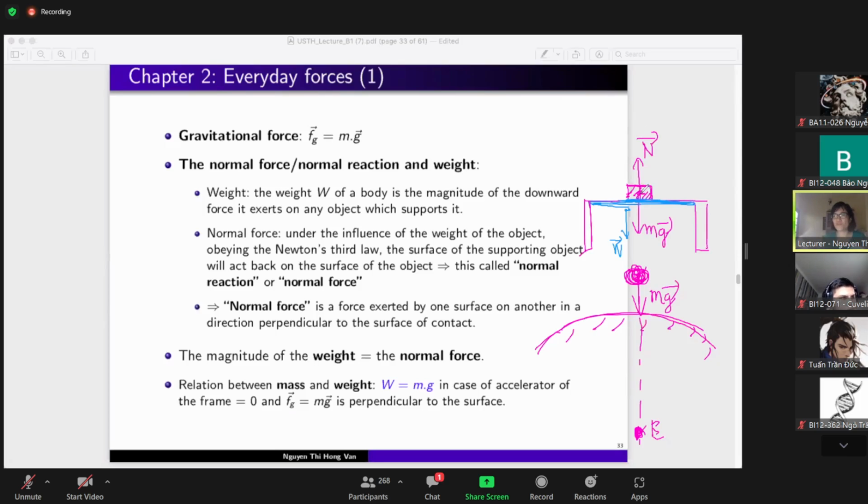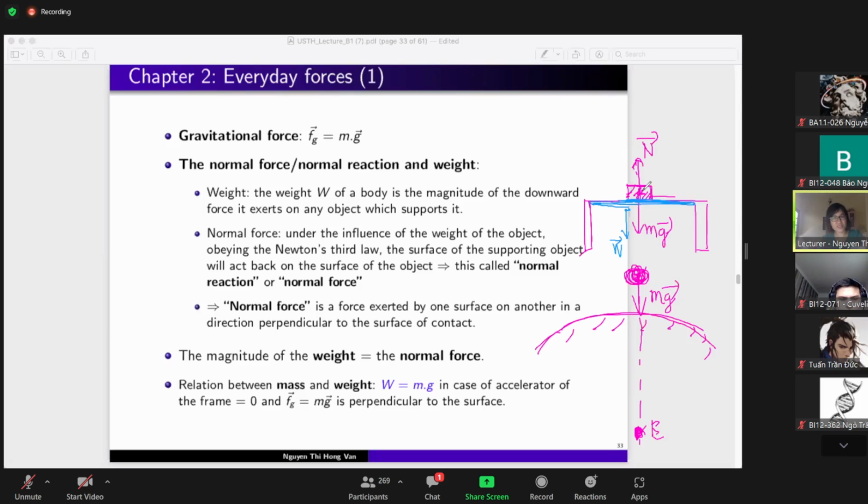So the normal force is the force of the surface of the table acting on the object. If you don't have the table here, the object will fall down. But if you have the table here, it acts a force here, making these two forces balance, and then the object stays at rest. It's in equilibrium. It doesn't move.